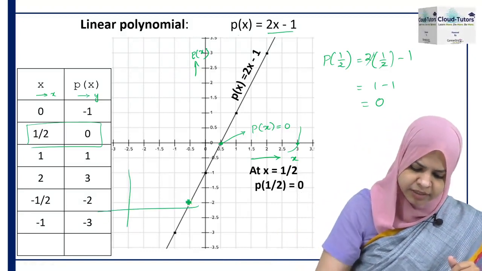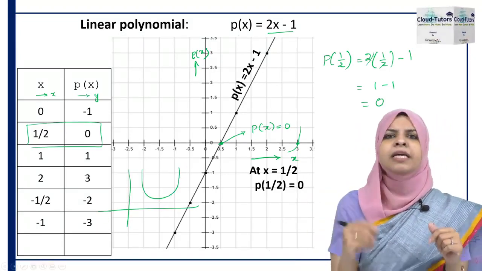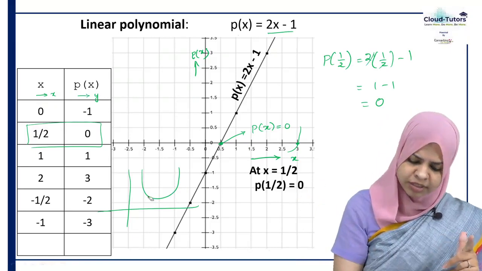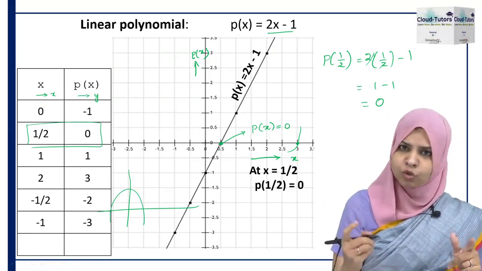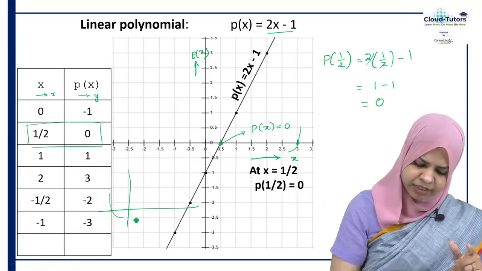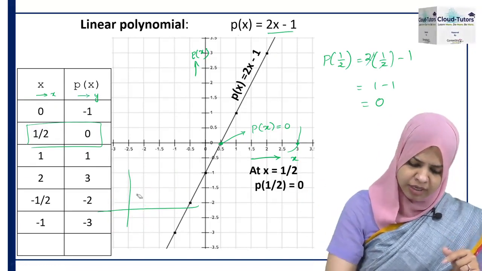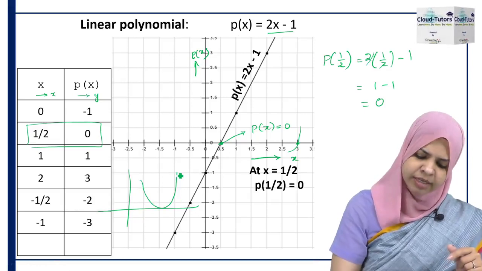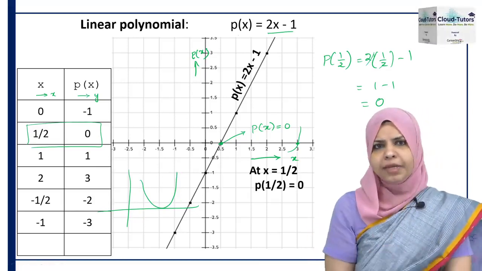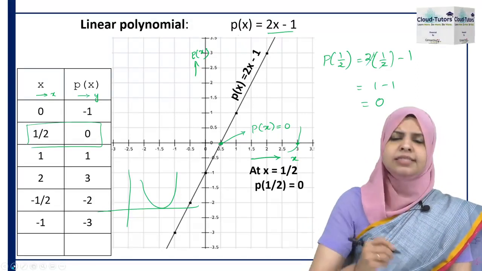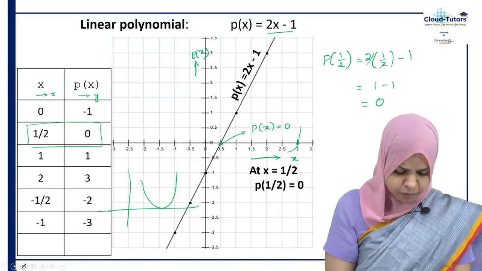If I draw it here, it means it can have no roots. If I draw it this way, again 2 roots, or here it means that it is touching at 1 point, having 1 root. Clear? That is what the 0 of the polynomial is.